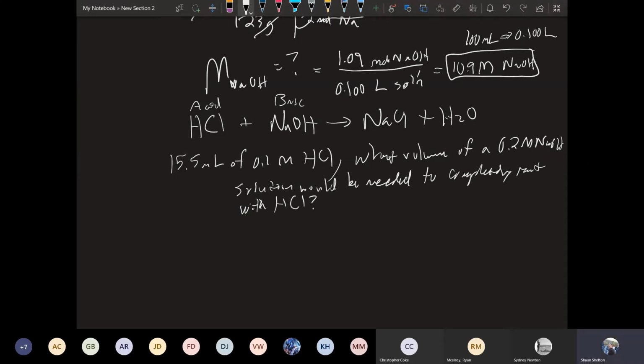All right, I'll read that again. So you have 15.5 milliliters of 0.1 molar HCl. What volume of a 0.2 molar NaOH solution would be needed to completely react with HCl?